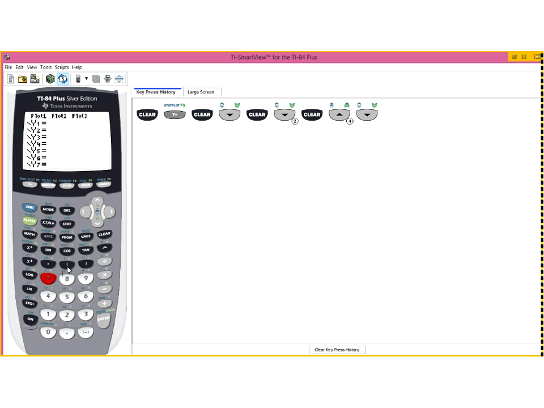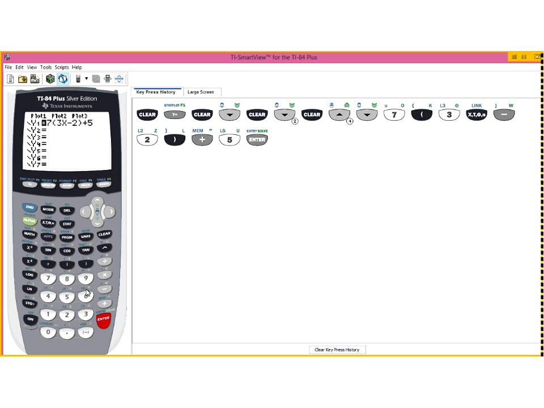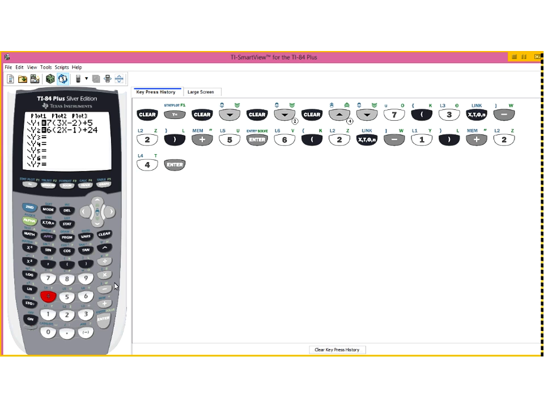All right, so I type in the equation. I have to be very careful to make sure all the parentheses are in the right spot. There's my y1, and for my y2, all right.